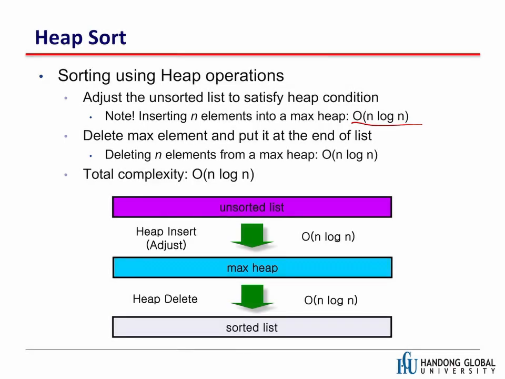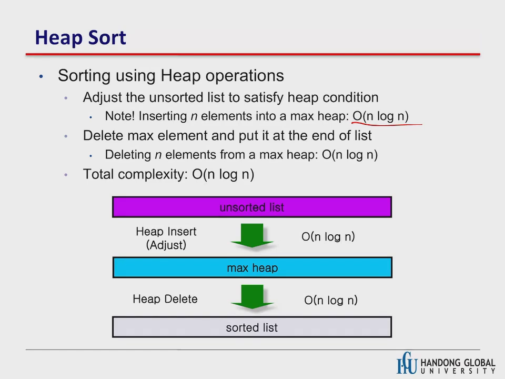Okay, so delete that root node, which is the largest one, and then adjust the max heap. And next, delete the maximum element from that max heap, and then adjust, and keep doing this until we have an empty max heap.